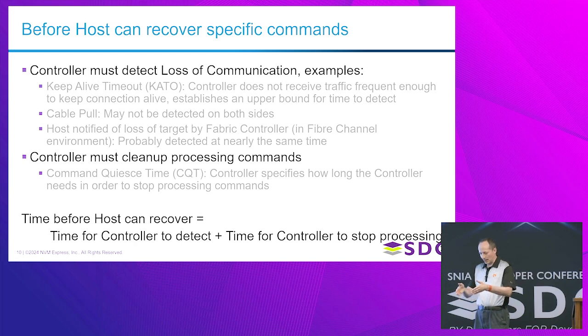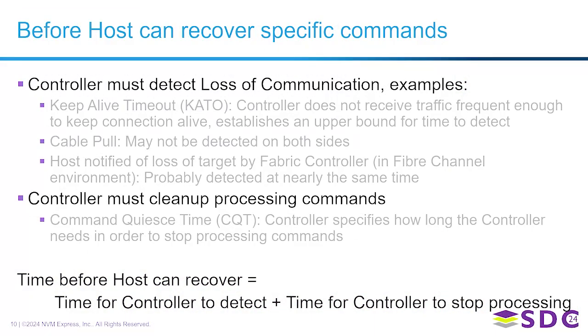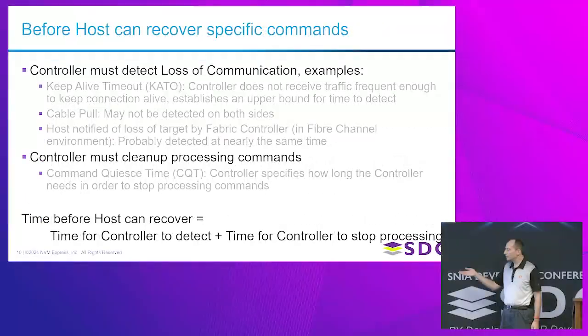And that's a contract that the controller sets with the host that says that, if I stop talking to you, this is how long I need before I'm ready to say, yeah, I've got all of these commands cleaned up. And so this handles the case when that command was sticking around and I really didn't clean it up all that quickly. Oftentimes this is considered the failover time for an array system.